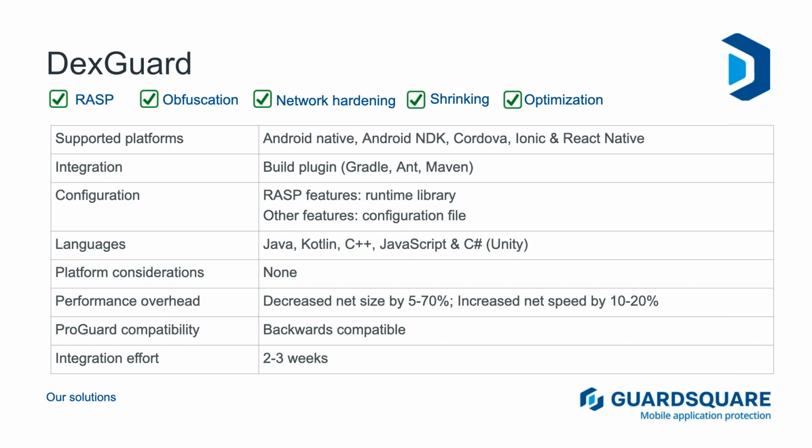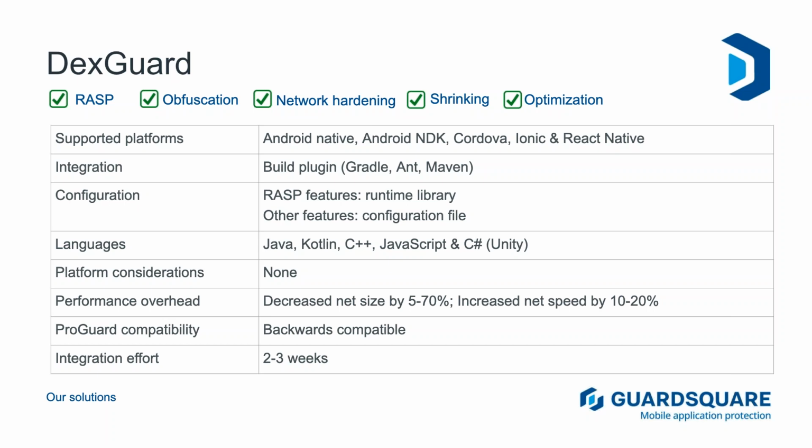And on top of that, just as with ProGuard, we apply a shrinking and optimization step. The difference in these two steps with ProGuard is that DexGuard will also process your resources and assets, and it will apply more advanced optimization techniques. So in the end, you will still see improved results in the speed and the size of the app.